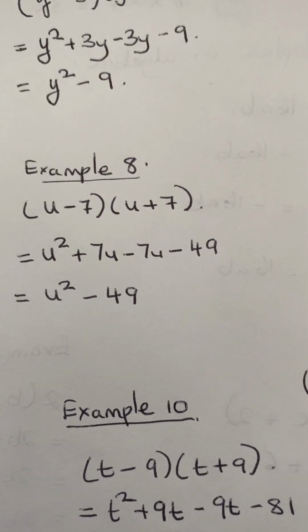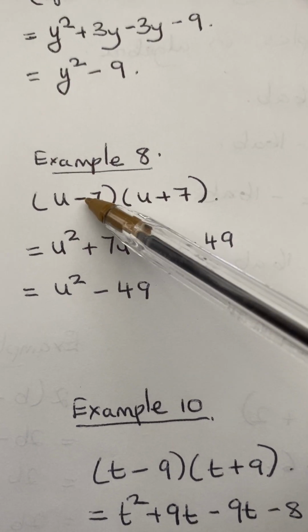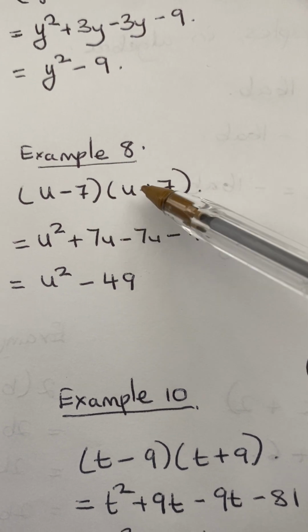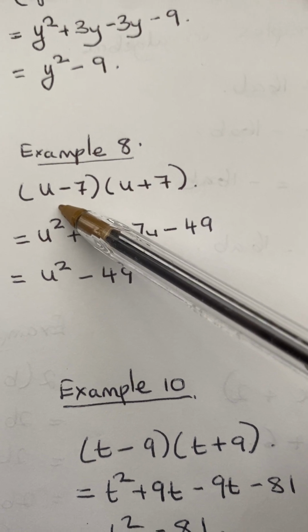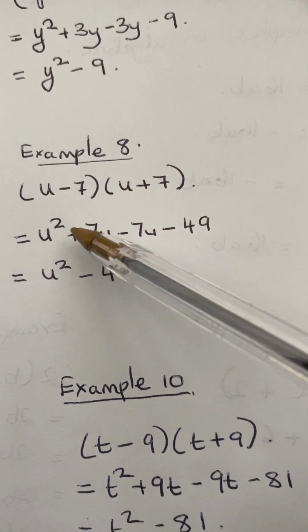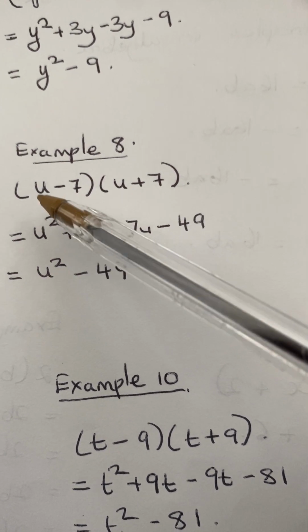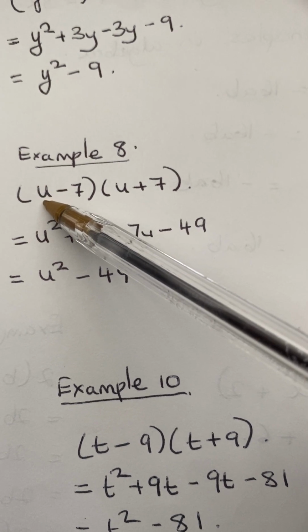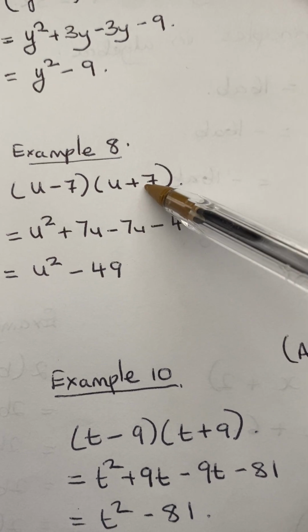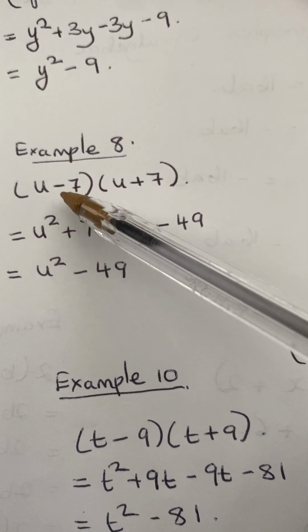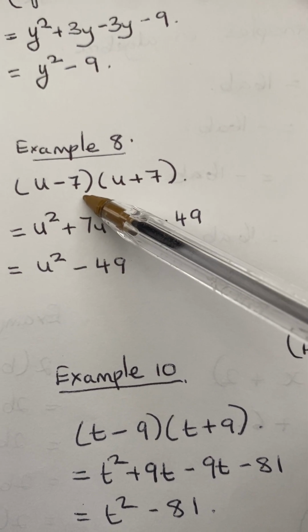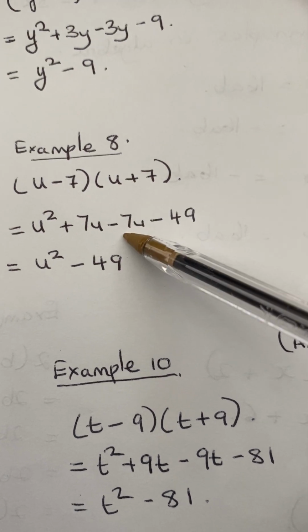Now example 8. (u minus 7)(u plus 7). So u times u is u squared. u times plus 7 is 7u. Minus 7 times u is minus 7u.